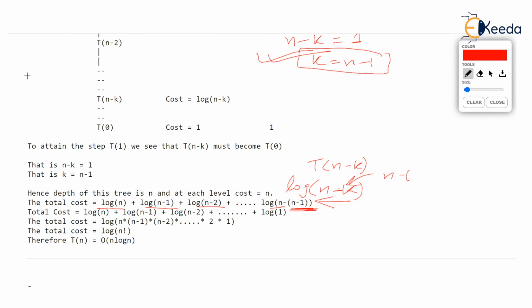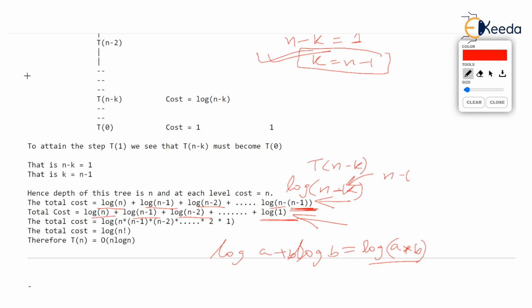So what we finally get is nothing but log n plus log of n-1 plus log of n-2 plus ... plus log 1. So what exactly is this? We know that log a plus log b is nothing but log of a times b, using our logarithm theorem.